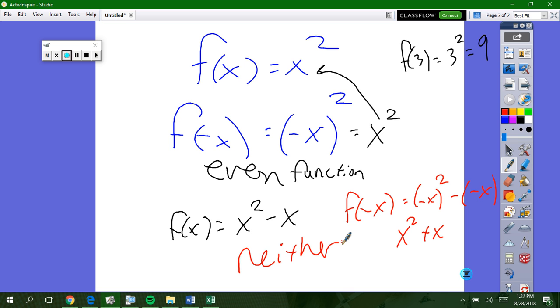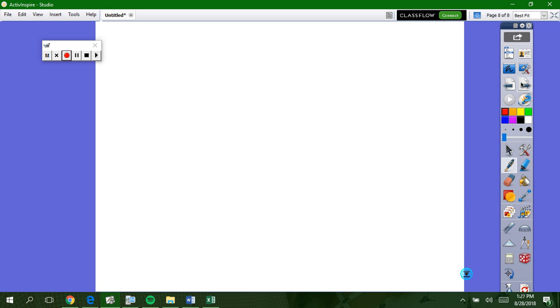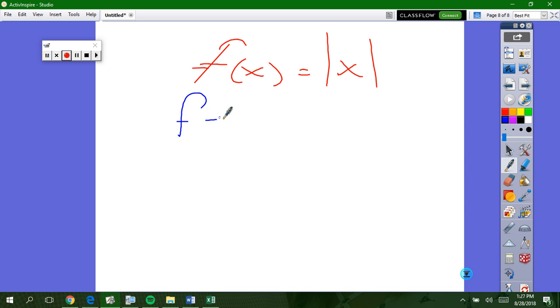Boom. Absolute value. Replace the x with negative x.